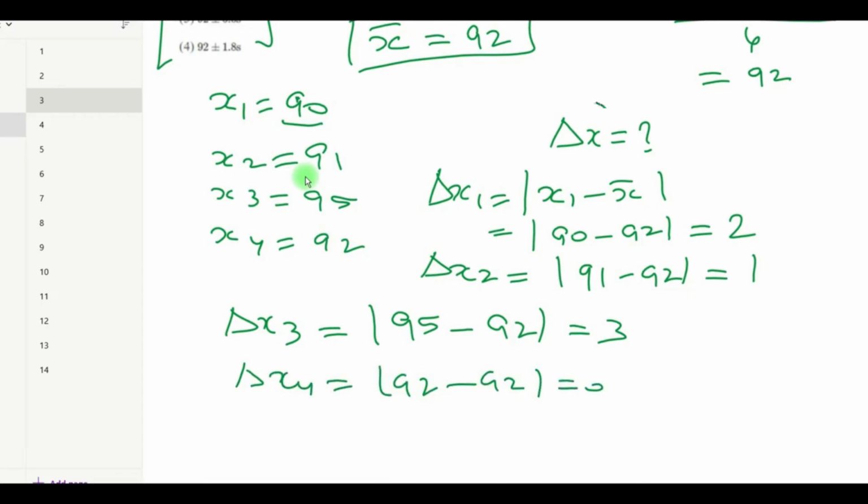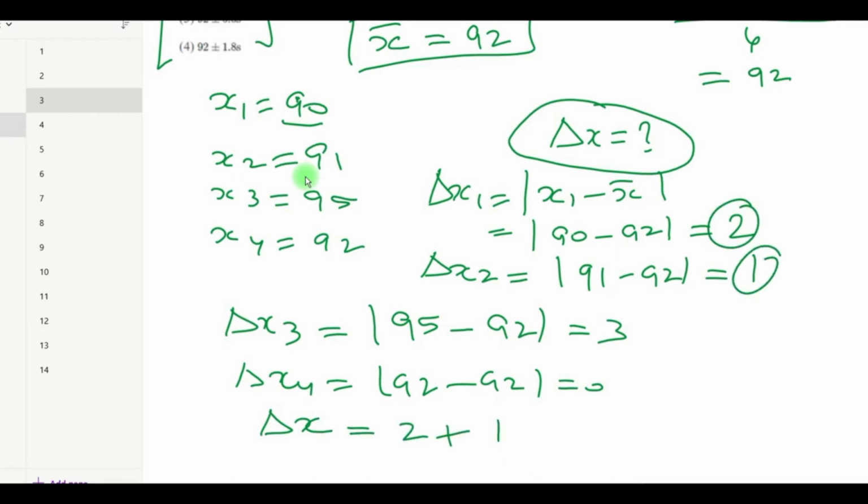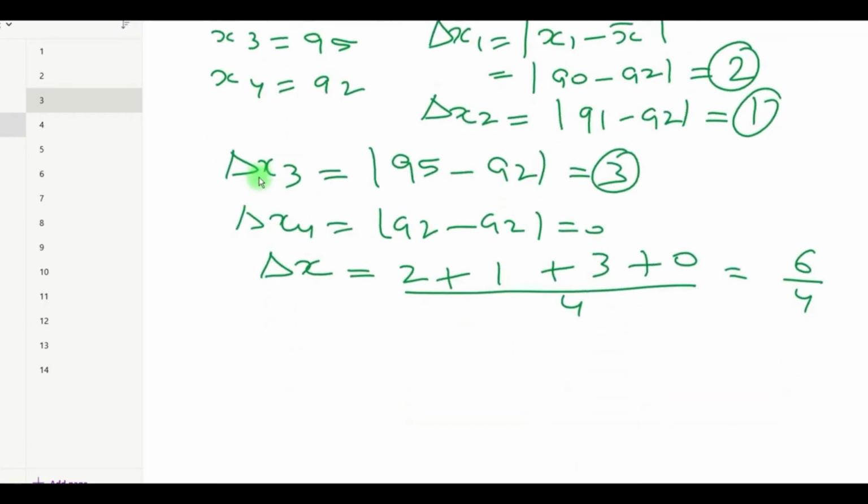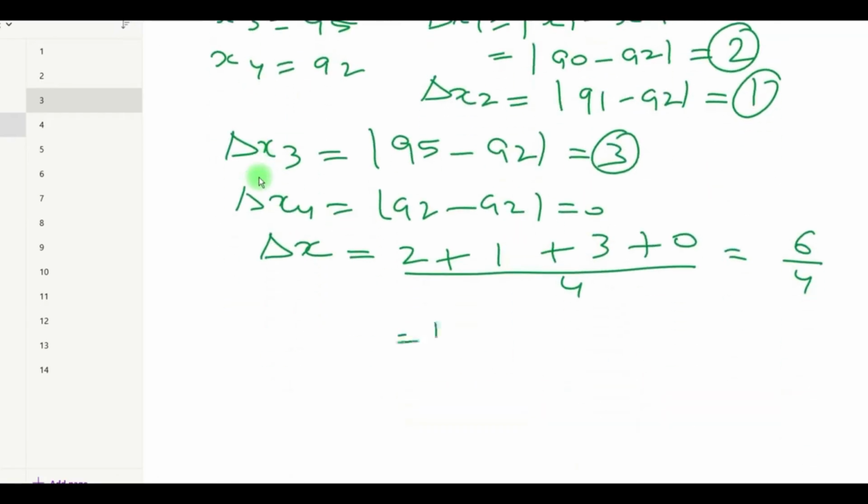Now to find out the total absolute uncertainty, we will take the average of the individual uncertainties. So delta x would be this 2 plus 1 plus 3 plus 0 divided by 4. If I solve for this, I'll get 6 by 4, and 6 by 4 is nothing but 1.5.